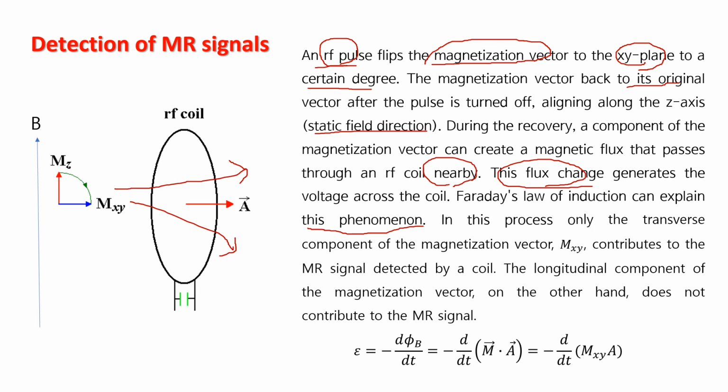In this process, only the transverse component of the magnetization vector, Mxy, contributes to the MR signal detected by a coil. The longitudinal component of the magnetization vector, on the other hand, does not contribute to the MR signal.